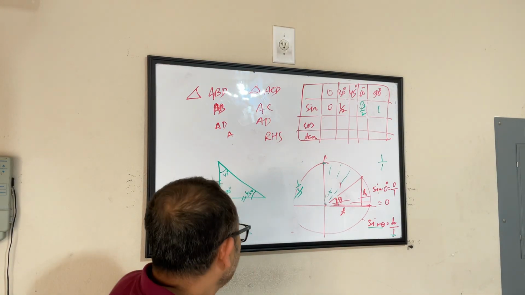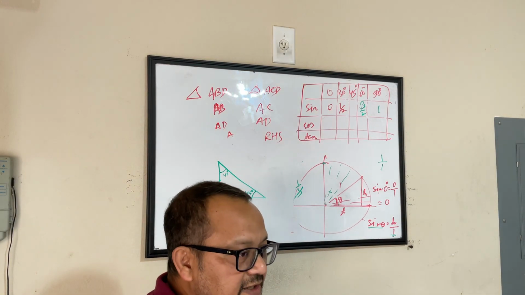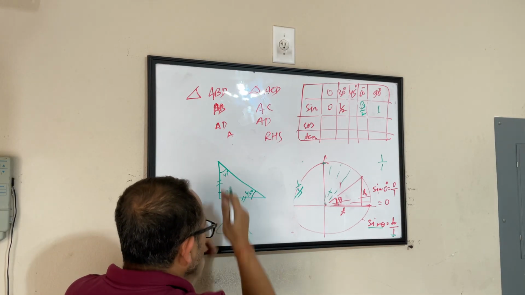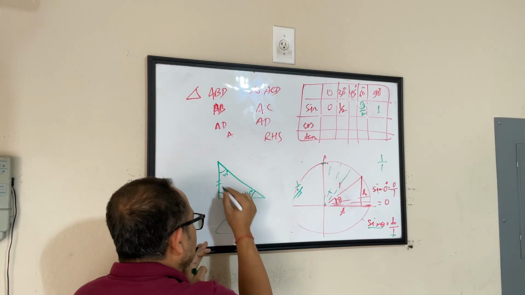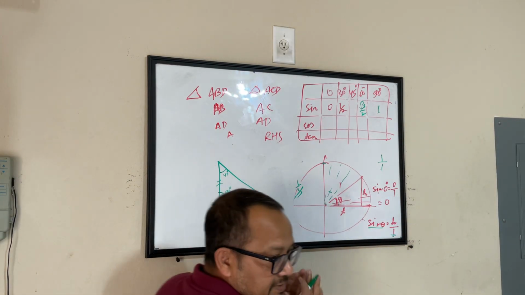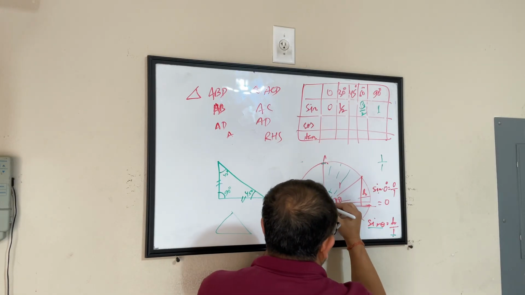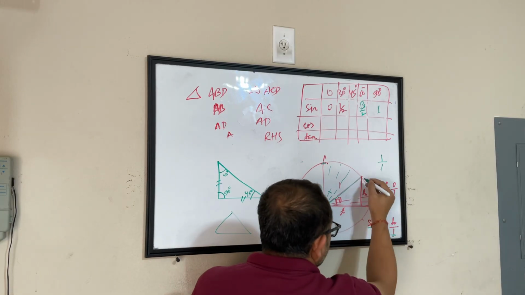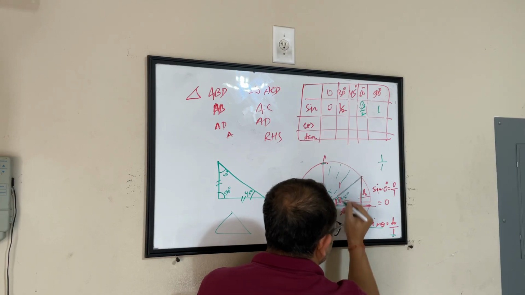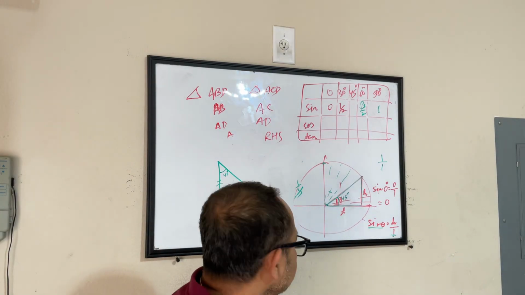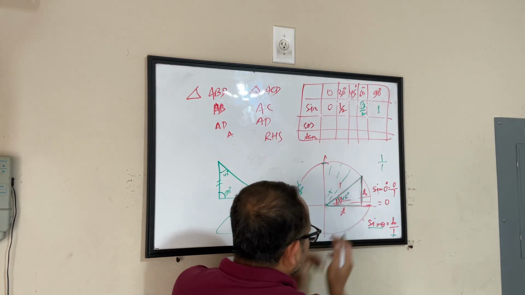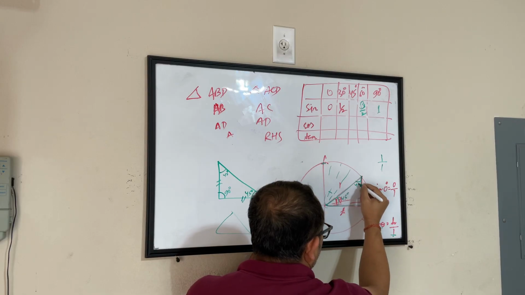So you have a triangle which has 90 degree as one of the angles, the other two angles are 45 degree, and these two sides are same. So let's say now you come back to this unit circle. This is your hypotenuse, and these two sides are same if this is 45 degree. So this will be 45 as well.